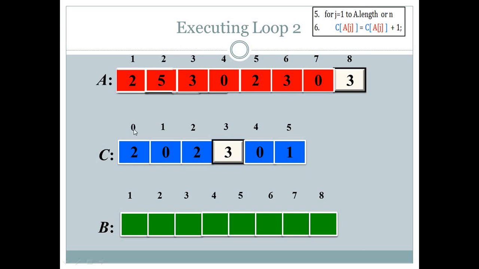So you can see here 0 appeared 2 times in this loop. 1, so 1 1 1, there is no 1, so here 1 is 0 times. 2 1 and 2, so 2 is 2 times. 3 1 2 and 3, so 3 appeared 3 times. 4, no 4 here, so 4 appeared 0 times. And 5, so 5 appeared 1 time here. So this is our execution of loop 2 completed.